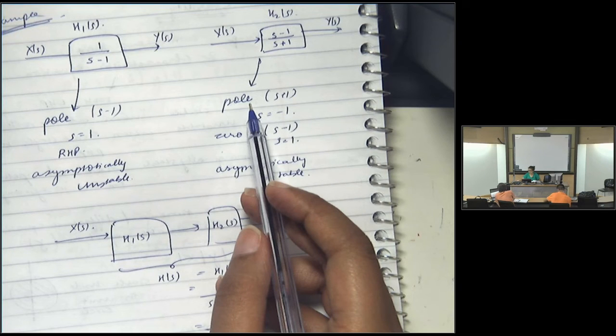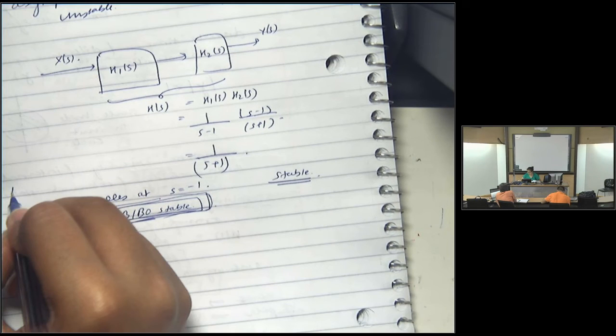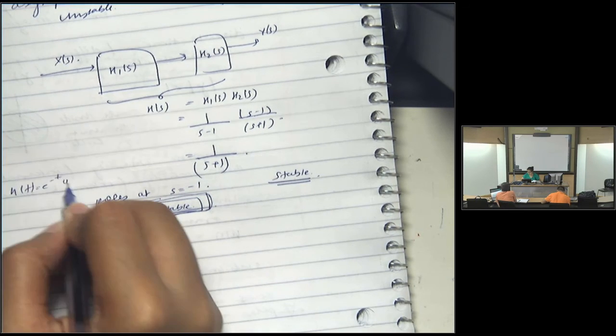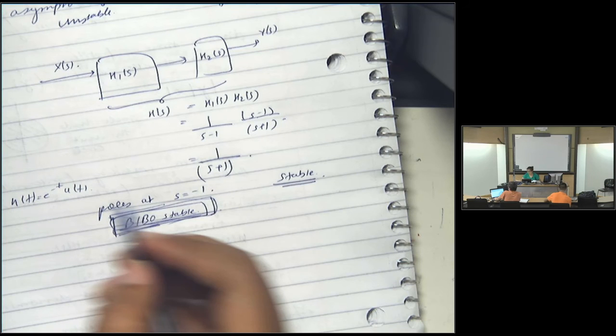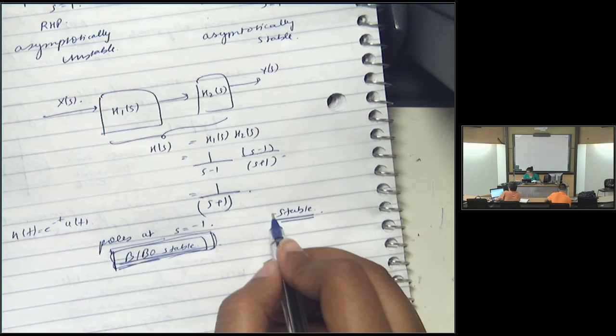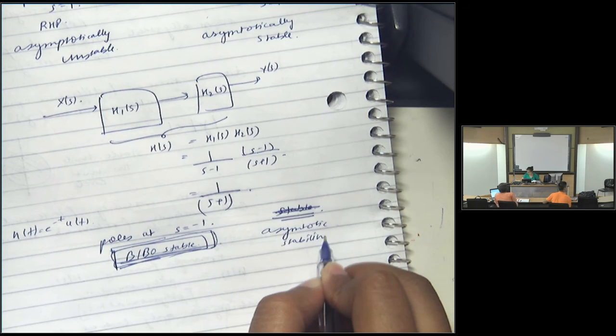Now, if you look at this composite system, my h(t) is now e raised to the power minus t u(t), and it's decaying with time. So I have BIBO stability, right? But for asymptotic stability, both of these systems are independent of each other.